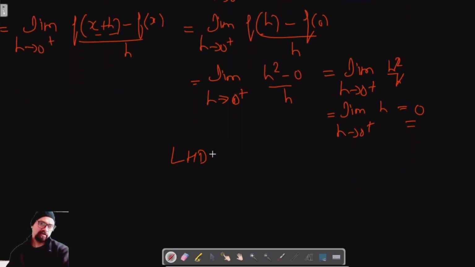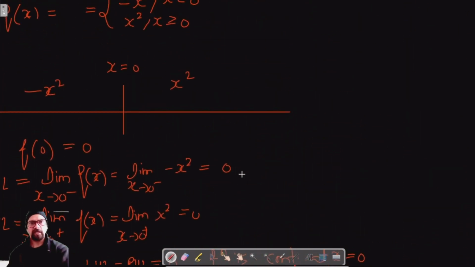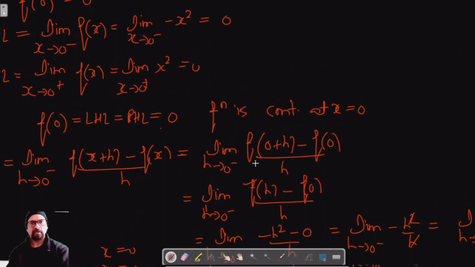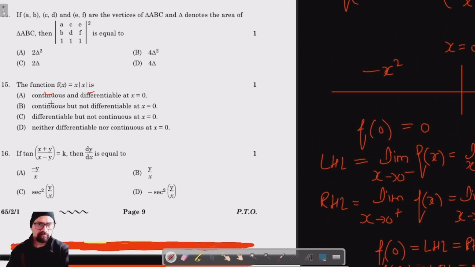So the left hand derivative is equal to the right hand derivative. Therefore, this function is differentiable at x equal to 0. So this function is differentiable as well as continuous at x equal to 0. So our option should be continuous and differentiable at x equal to 0. So option A is the correct one.